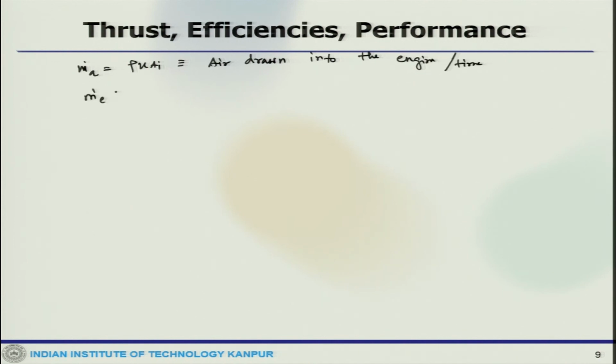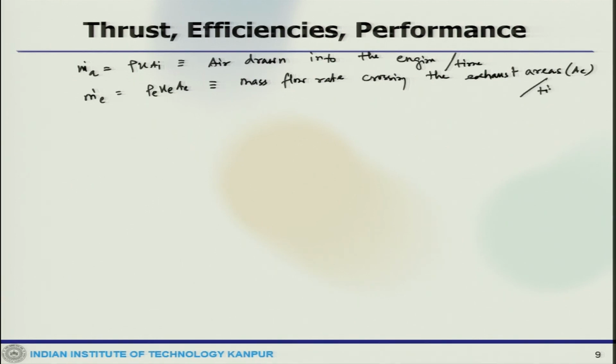Then m dot E is ρ_e u_e A_e, which is the mass flow rate crossing the exhaust area, that is A_e, per unit time.